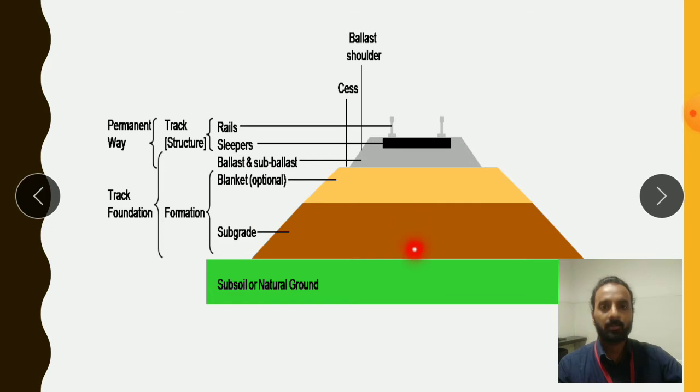Again, underneath the subgrade layer we have a natural ground, subsoil, which is the natural ground, and above this subgrade and subbase we have a ballast over here. And the gravel which is used during the construction of the rails and sleeper is called a ballast.